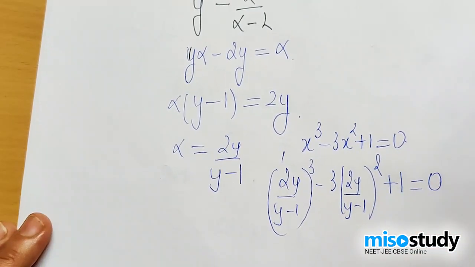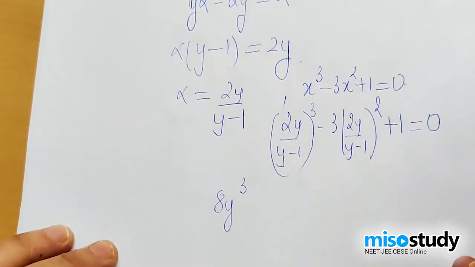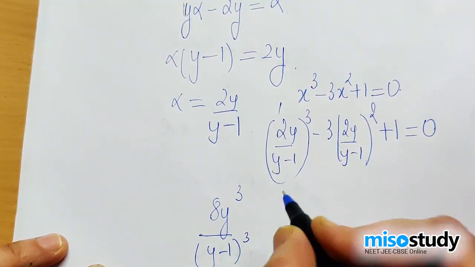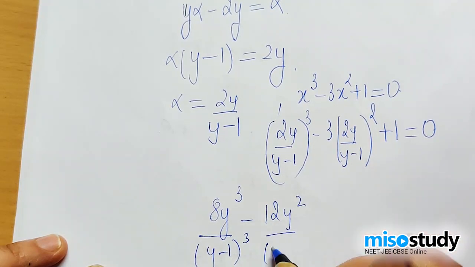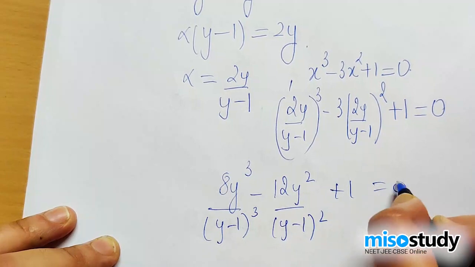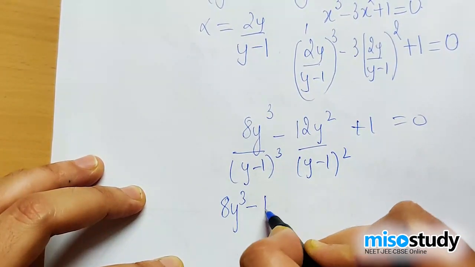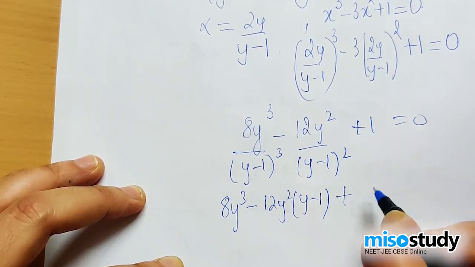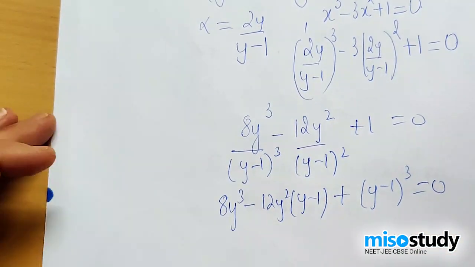Now let's just solve it. It will be 8y cube upon y minus 1 whole cube, minus 3 fours are 12y square upon y minus 1 whole square, plus 1. On taking LCM, it will be simply 8y cube minus 12y square into y minus 1 plus y minus 1 whole cube equals 0. Now let's open it.